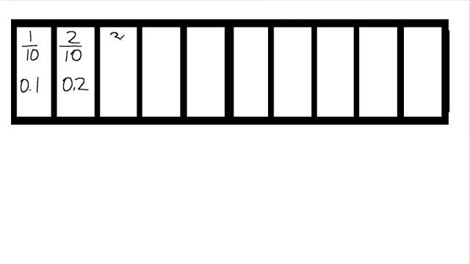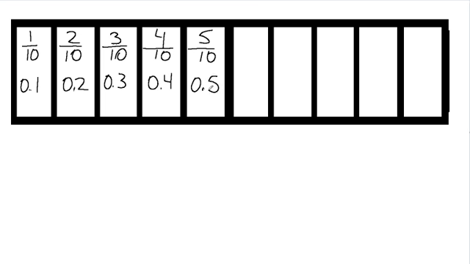This is 3/10 as a fraction, and 3/10 as a decimal. 4/10 as a fraction, and 4/10 as a decimal. 5/10 as a fraction, and 5/10 as a decimal. 6/10 as a fraction.